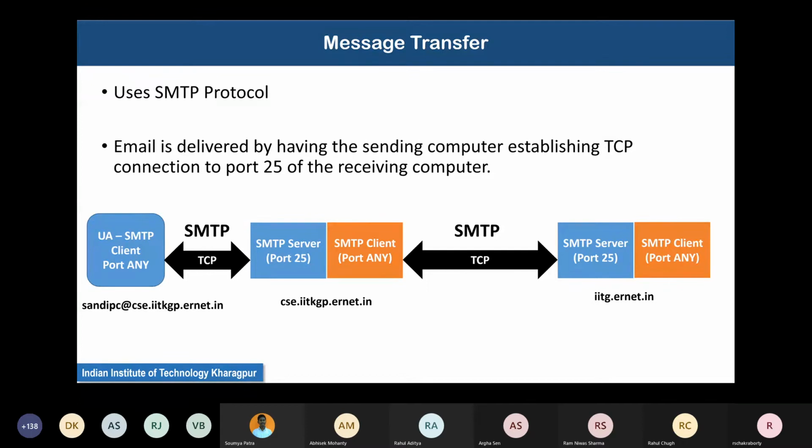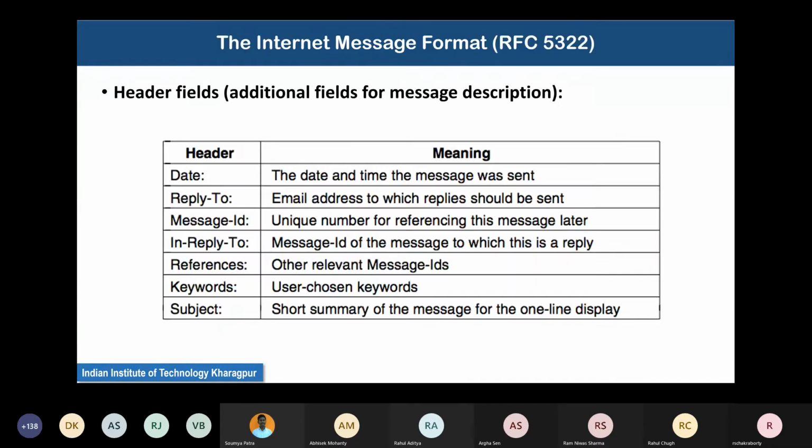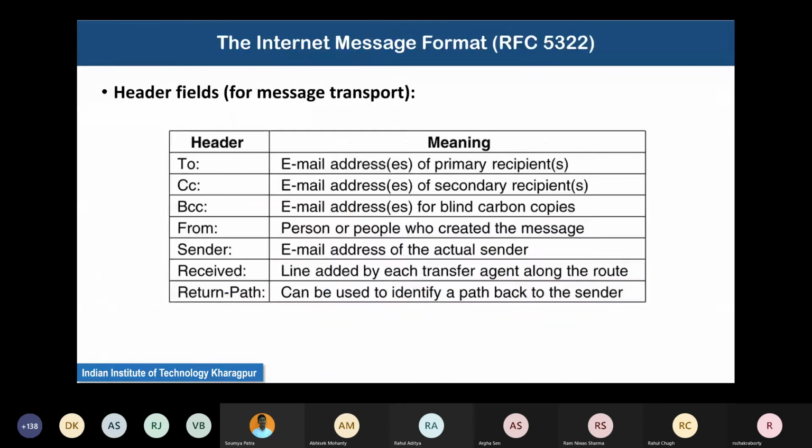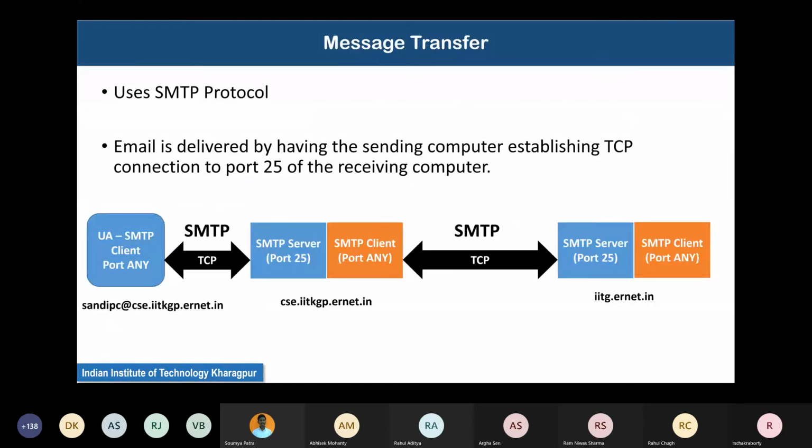Its own mail transfer client or agent. What should you call it? Message transfer agent, sorry, the mail servers. So this server keeps on receiving at port 25 for different clients trying to connect to it. It sends an email.